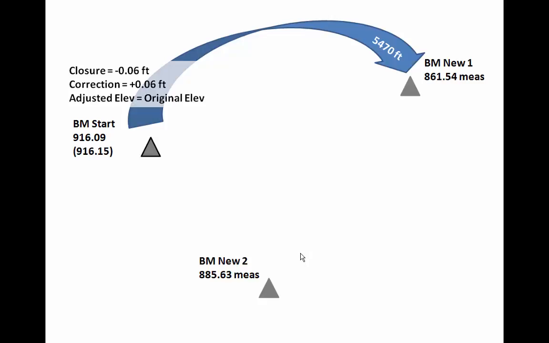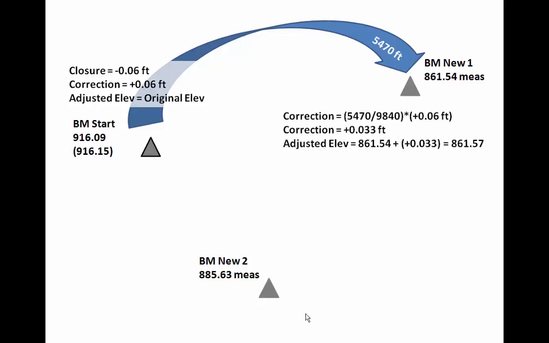That correction will be based on the distance to the first benchmark expressed as a fraction of the total. So here we can see that the correction is 5,470 feet divided by 9,840 feet. That fraction times the total correction for the circuit is really going to give us a correction for this benchmark of 0.033 feet.